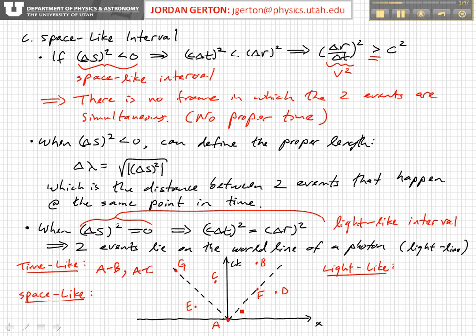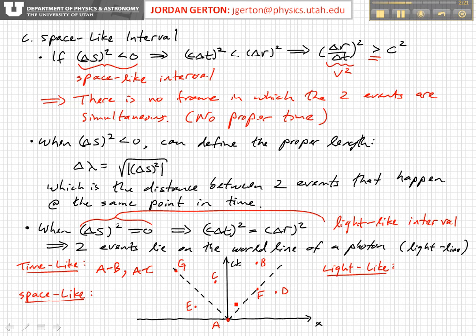I've referenced this particular light cone to event A, but you could draw light cones with respect to other events like C. Here we see that event E may be within the light cone of event C, going down in negative time, which would mean that C and E are related by a time-like interval. F and B would definitely be related by a time-like interval, because they happen at the same position in space already in this reference frame.